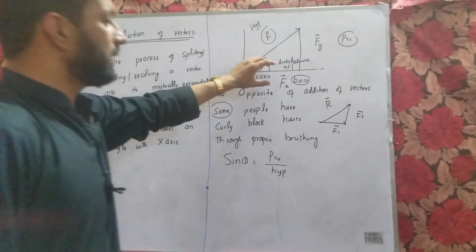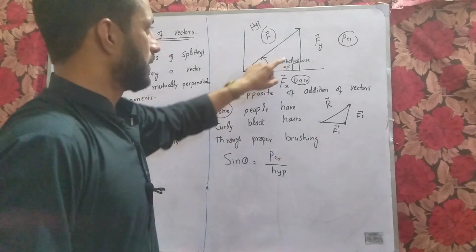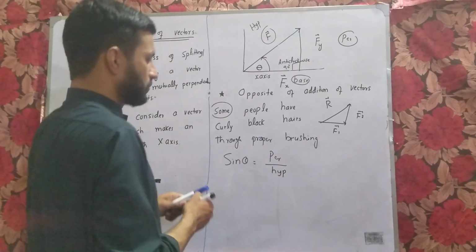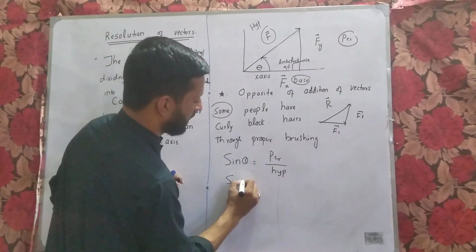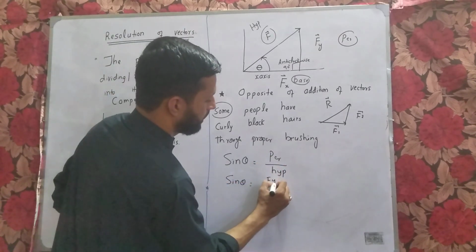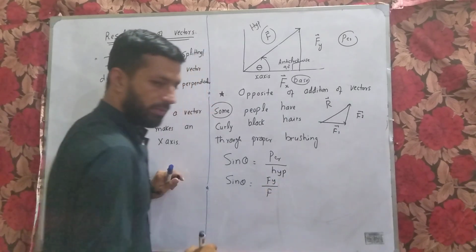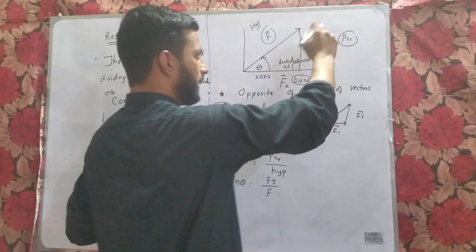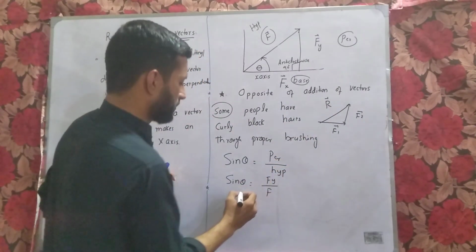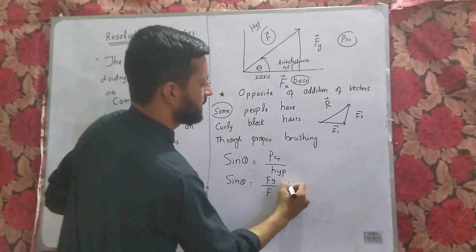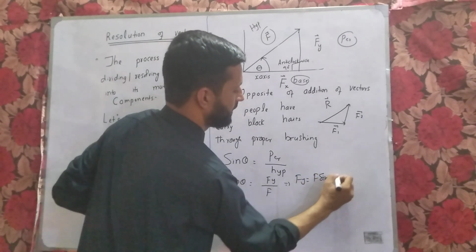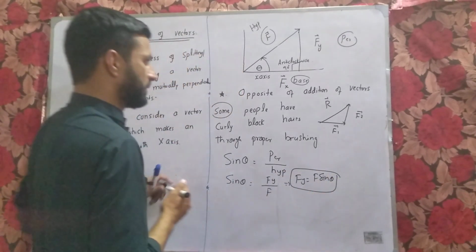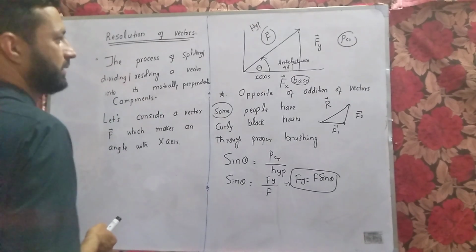In this diagram, perpendicular is fy, so we plug in fy. Sine theta is equal to fy divided by f. We require fy, which implies that fy is equal to f sine theta. So in the first case, fy is found.